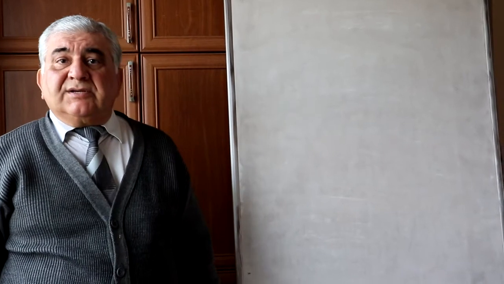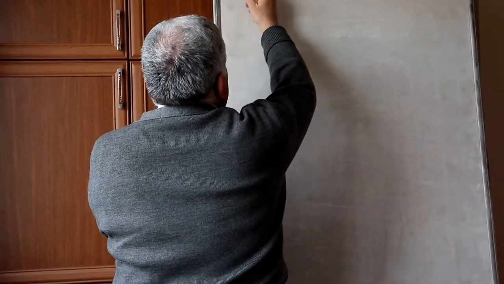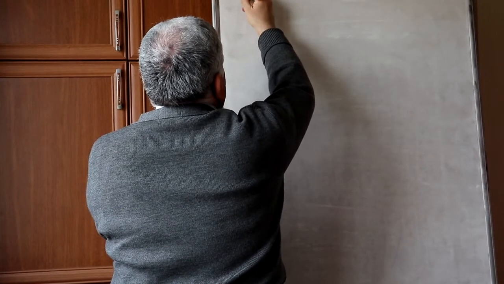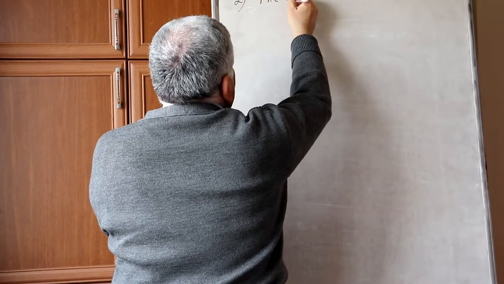Now consider the results of the first remarkable limit. Second formula, the cosine result.